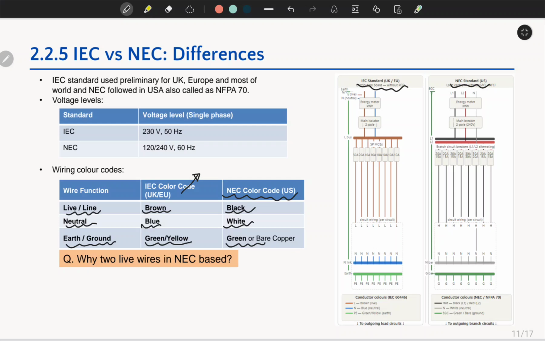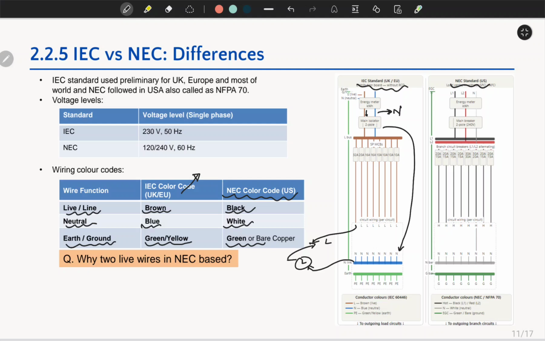In the IEC you can see this is my brown wire, meaning my live wire. This is my neutral. These two are coming into this MCB. This neutral will connect to the neutral link, and this live wire will be connected between one terminal of the MCB and the other will go to the loads. Now if I want to supply the load, one terminal will be connected from this live and the other from this neutral link.